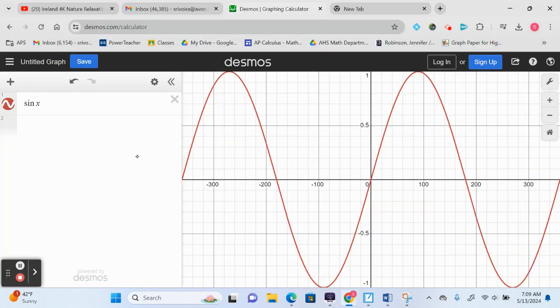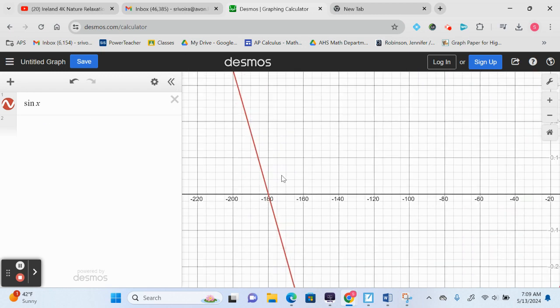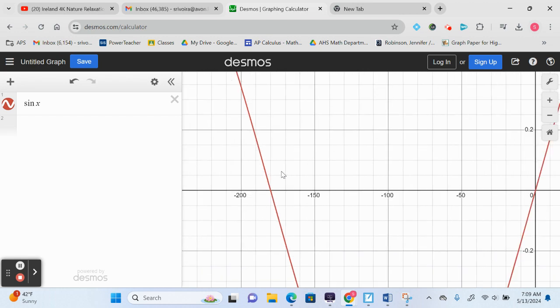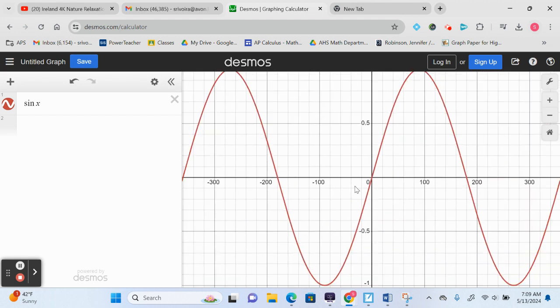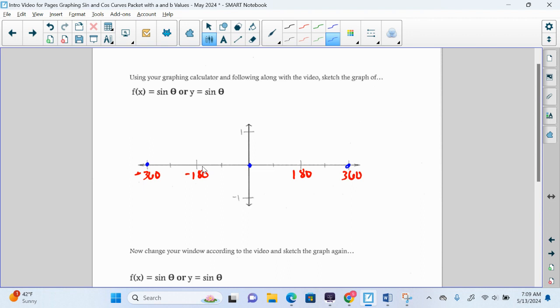We've got a point up here and a point down here. If I zoom in, that looks like it hits right at 180. On your calculator, you should see that it crosses right at this tick mark and this tick mark. And you're going to see, starting at negative 360, it's going to go up.